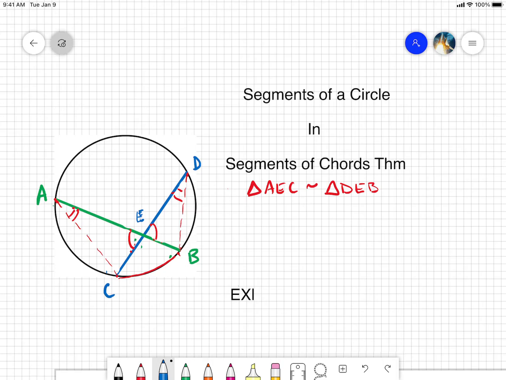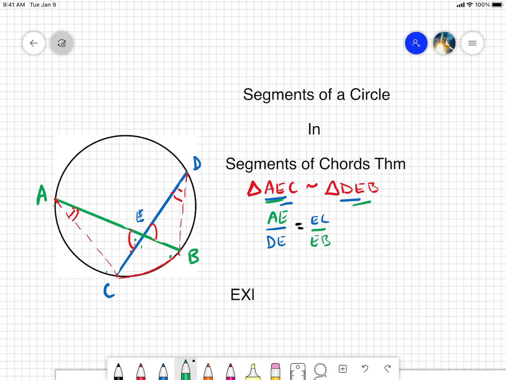So if I look at AE, and how it relates to DE, it's going to equal the same ratio as EC compared to EB.